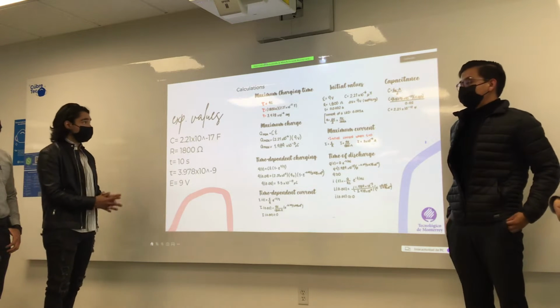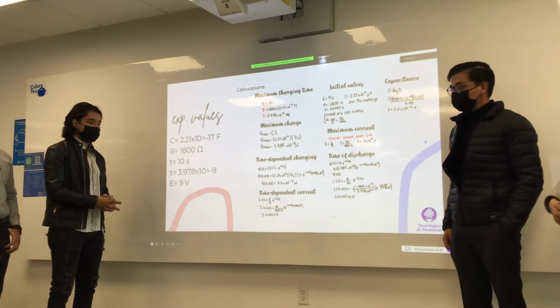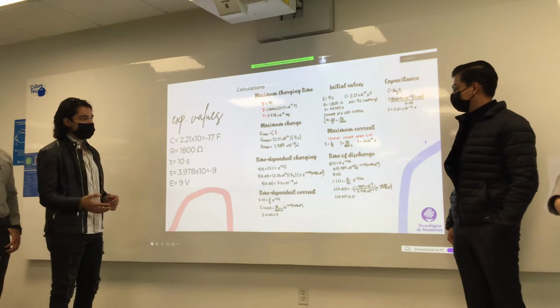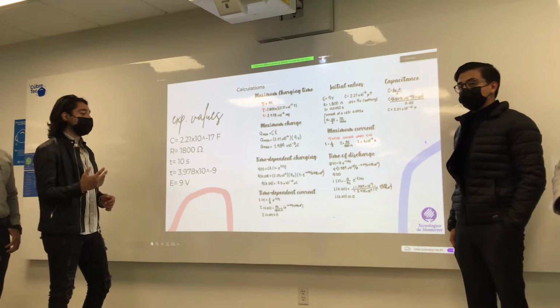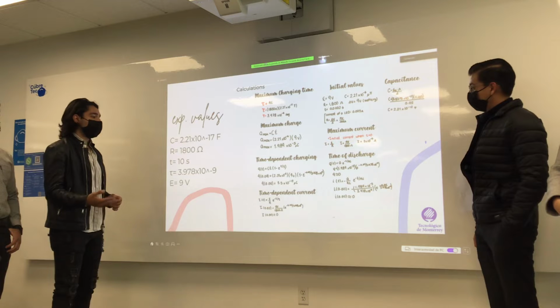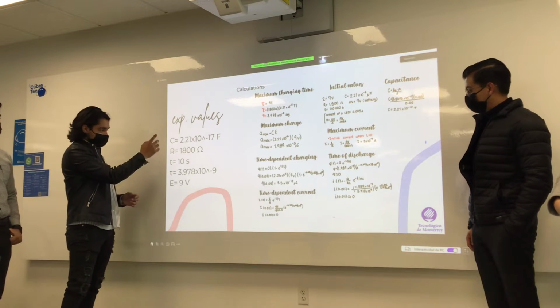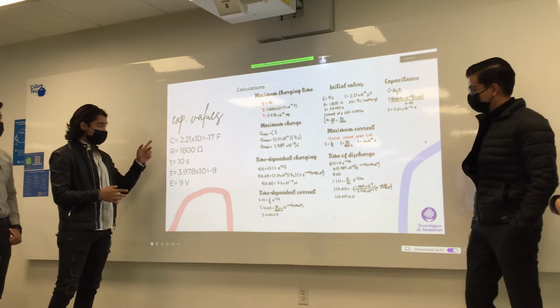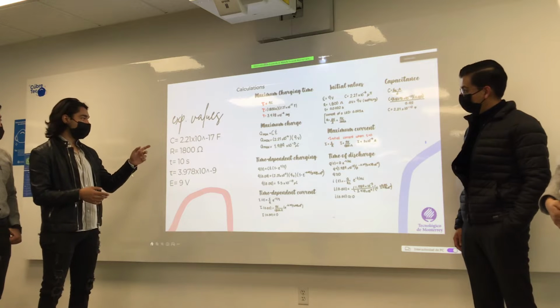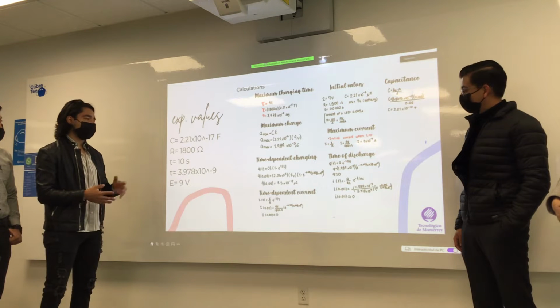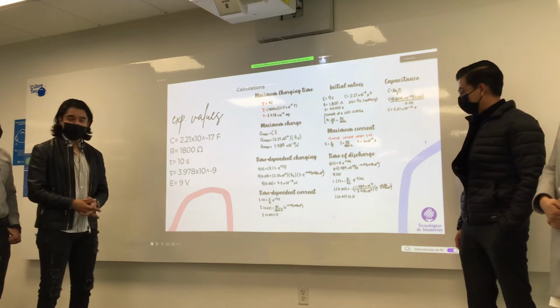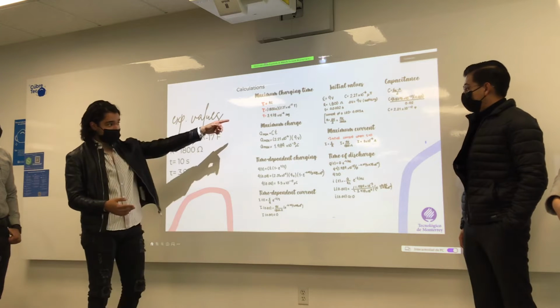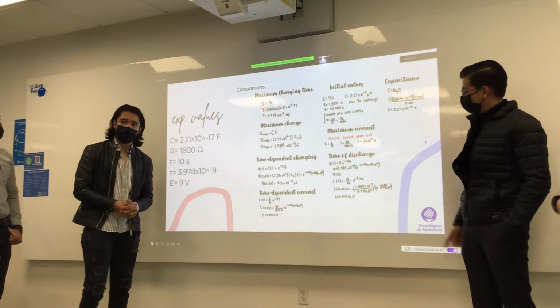Now, as we can see in our experimental values, in our calculations, almost all the functions that have time in them will result in 0, and that's because our resistance value and our capacitance value, that is 2.21 times 10 to the minus 17, are very, very low, and consequently, our value of tau will also be low.